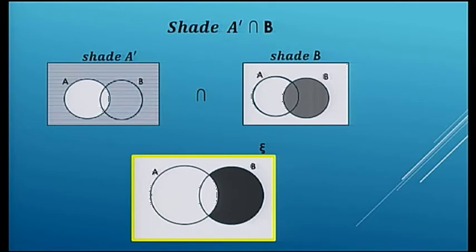The first one we have shaded A dash and the second one B. Intersection means common. Now find the common region in both Venn diagrams. You will see that in the third Venn diagram, it is the answer, the region that is found in both A dash and B. So this region represents A dash intersection B.